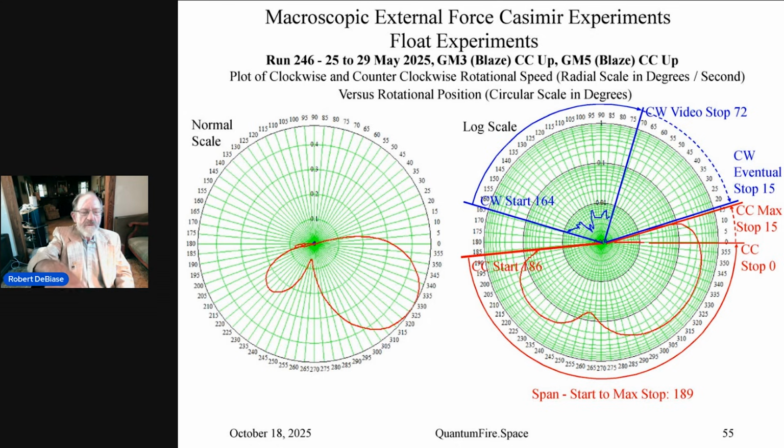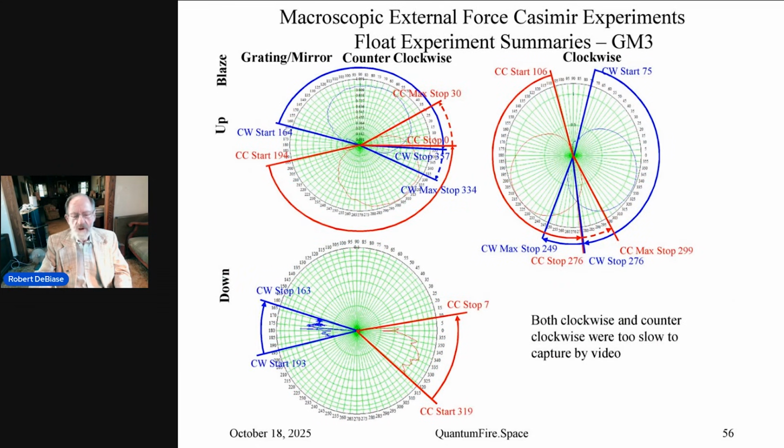It does a little bump there, and then big bump, and then comes back. On the right is a log scale of this, and it essentially shows the effect of both test articles.